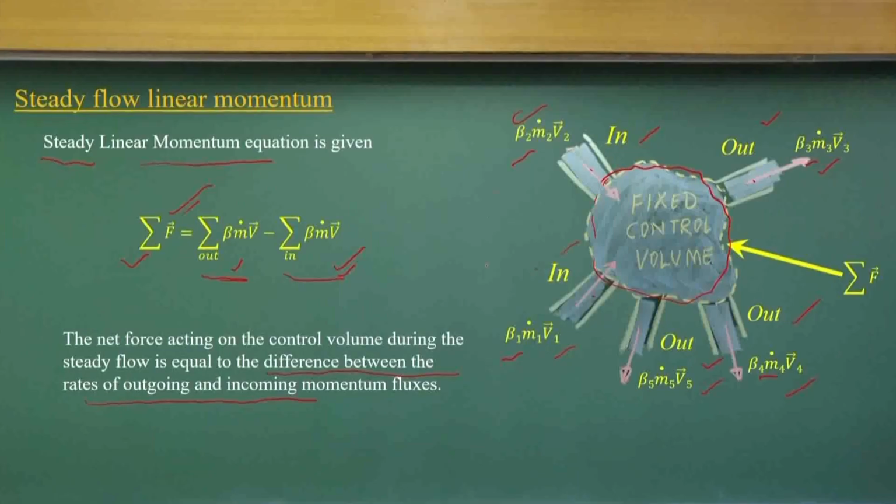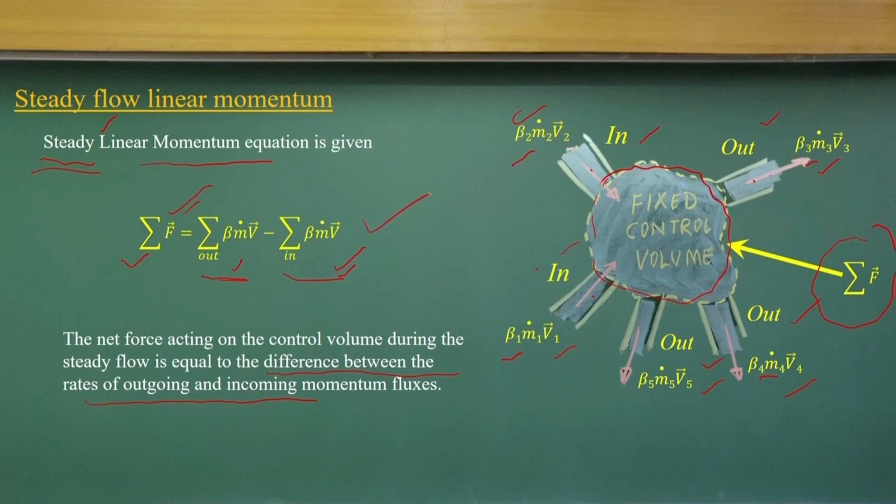So, we have considered the fact that there is velocity distribution variability, and the mass flux in and out will be different. Considering this, in this fixed control volume, the net force acting on it is considered as a steady problem, so you will have these conditions.